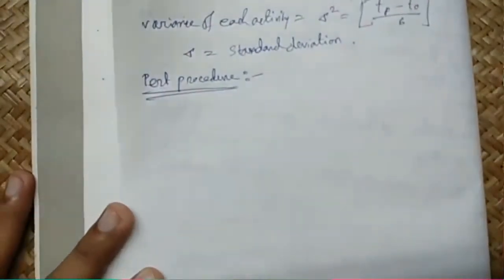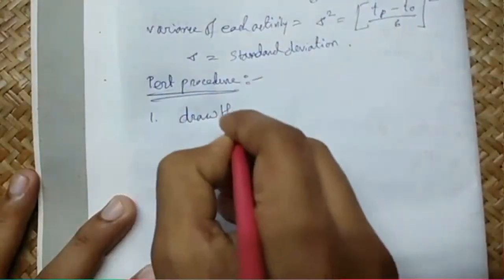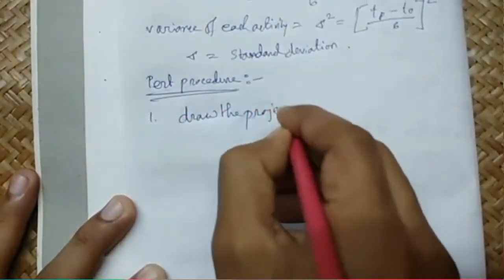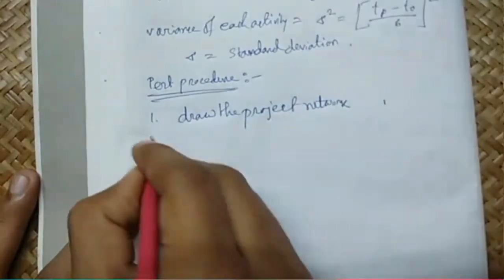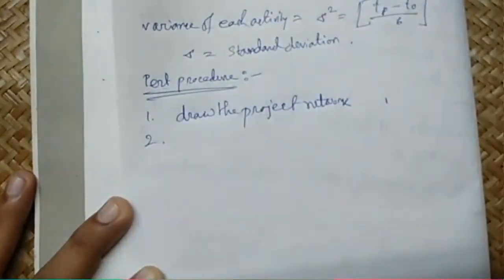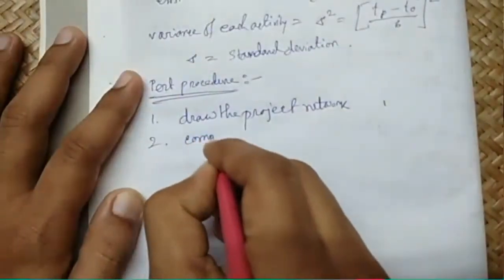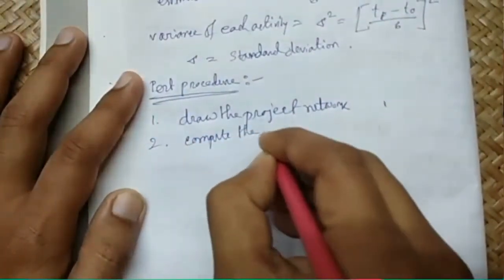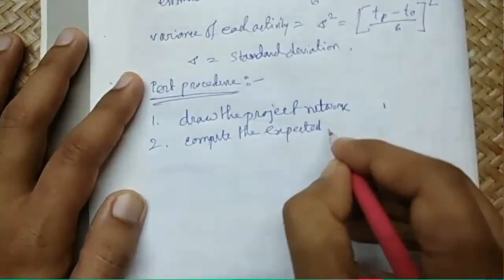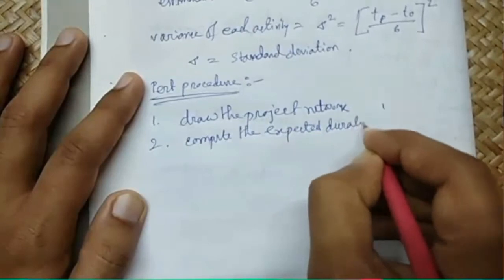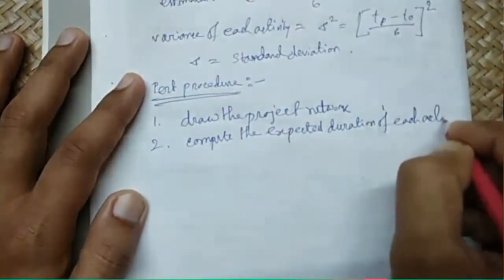Procedure, number 1: draw the project network. Number 2: compute the expected duration of each activity.